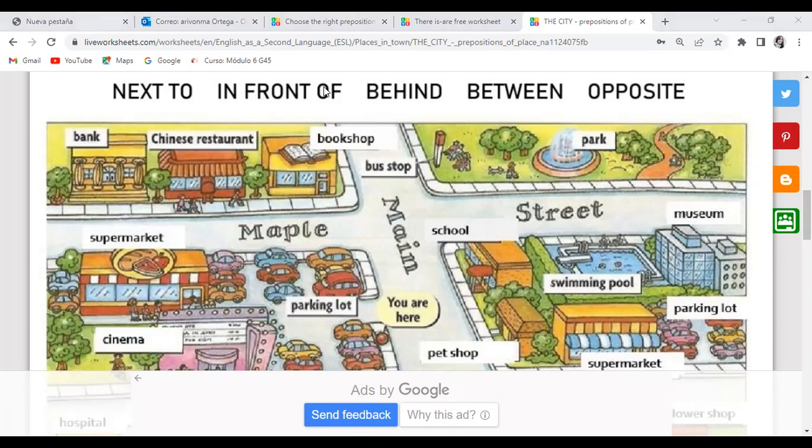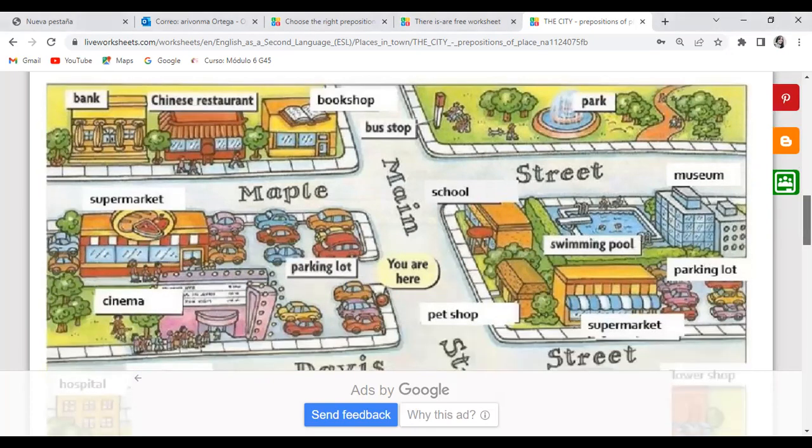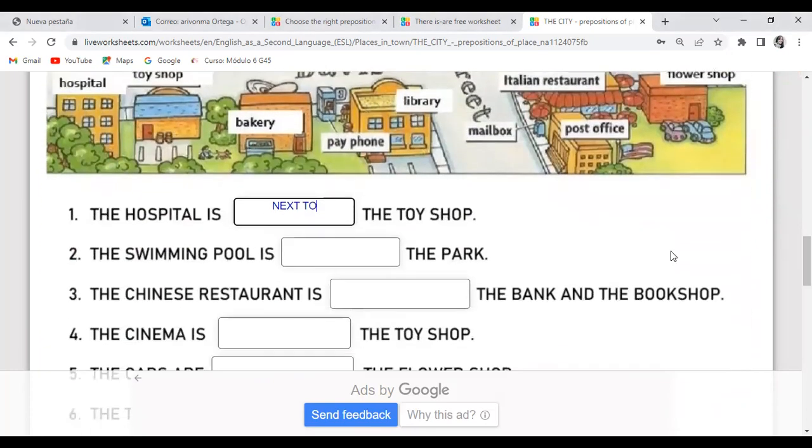Yeah. Paola says in front of. And Maria Susana says opposite. Let me tell you that is opposite. Yes, Azucena, it is opposite. Why? Because they are face to face, okay? So we are going to put that it is opposite. The swimming pool is opposite the park.